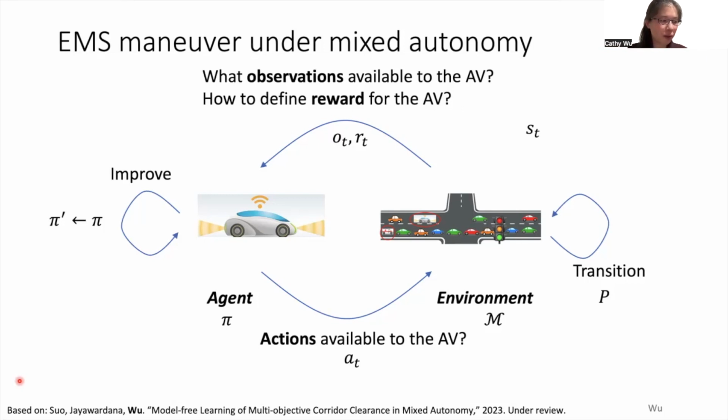The reward might be, say, the real-time speed of an EMS vehicle, or the overall travel time of the EMS vehicle. And then the overall objective function is really the same for all these problems. It is the sum of rewards over time. And there will often be a discount factor. Here, we're going to keep a pretty high discount factor.